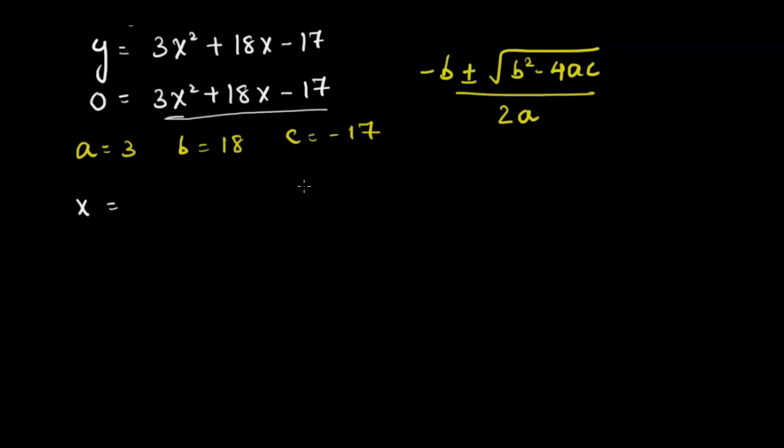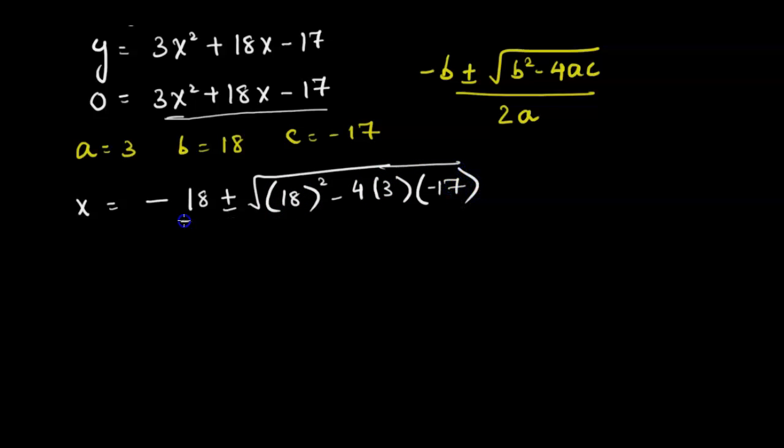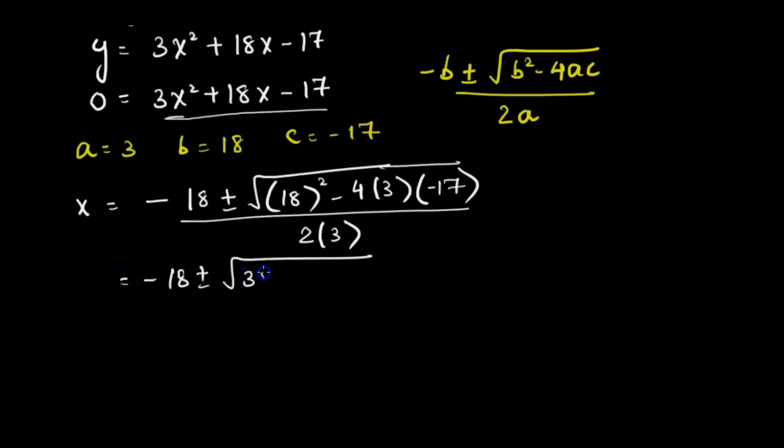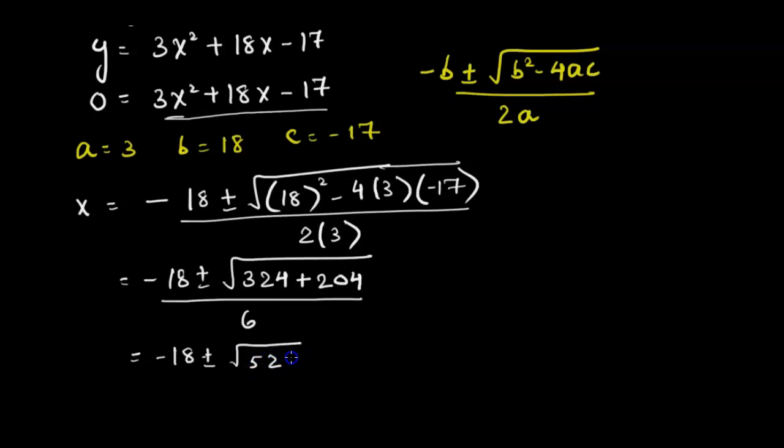So we put in b as negative 18, because this is negative b, plus minus square root of 18 squared minus 4 times a, which is 3, times c, which is negative 17, divided by 2 times a, which is 3. 18 squared is 324, and minus and minus gives us a plus. 4 times 3 times 17 is 204. This gives us a square root of 528 when we add 324 and 204.